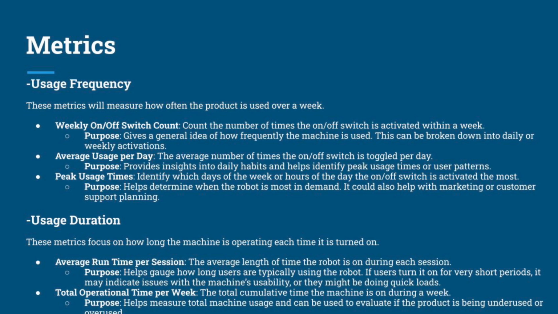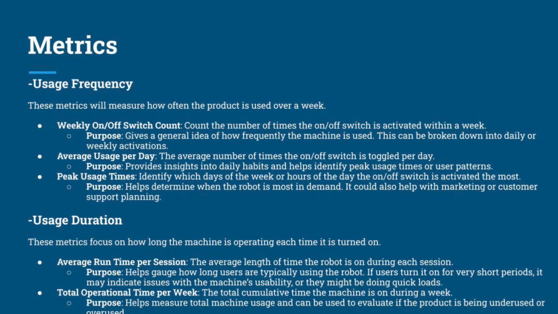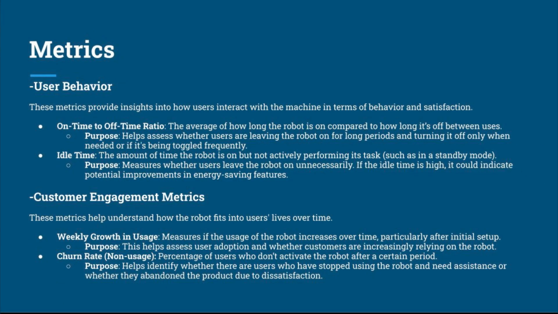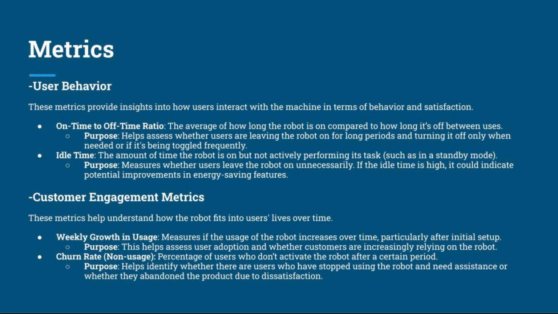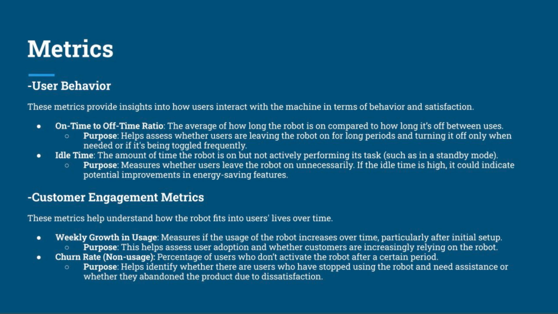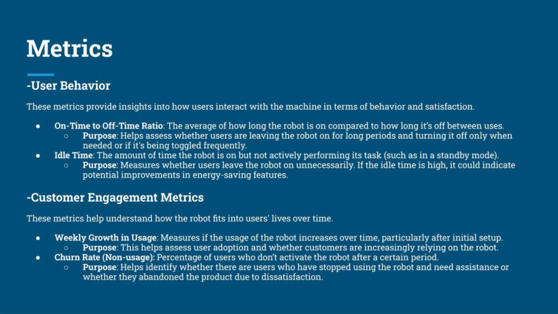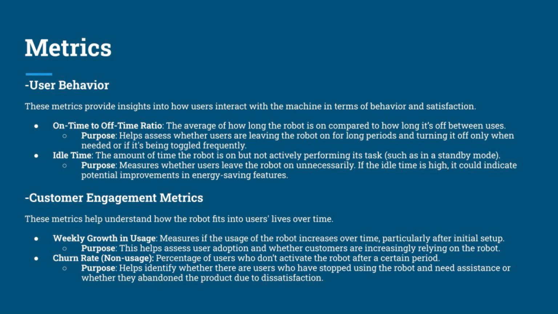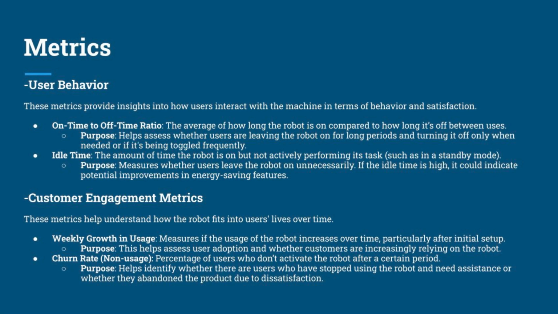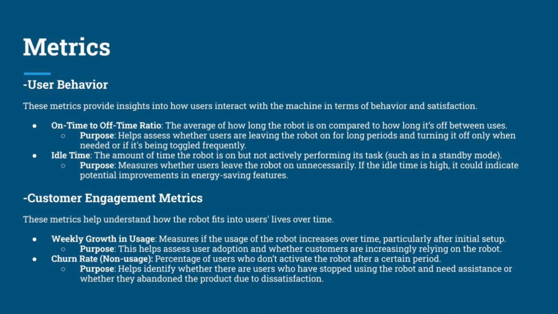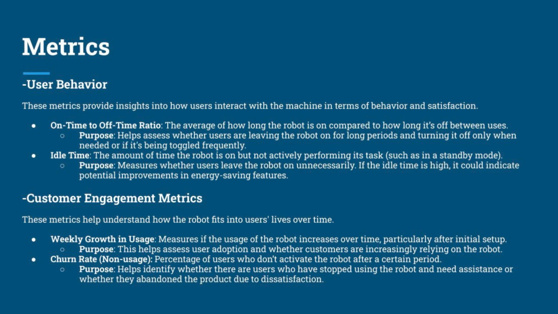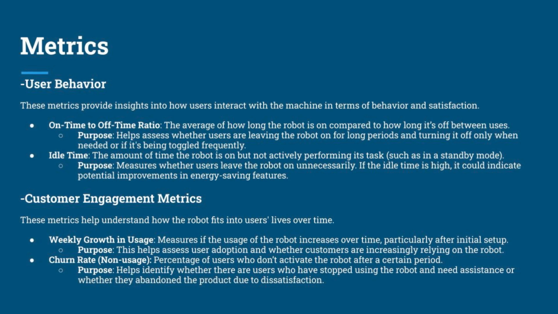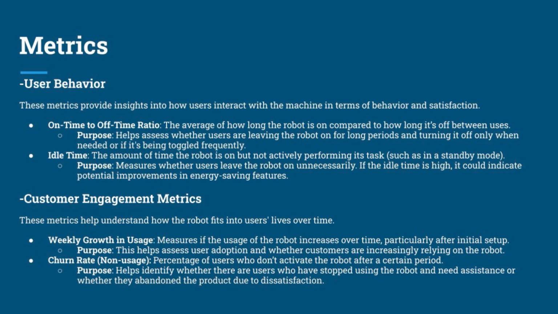We then have the user behavior, which provides insights into how users interact with the machine in terms of behavior and satisfaction. And then lastly, we have the customer engagement metrics, which help us understand how the robot fits into the user's lives over time. Within the titles of these metrics are also elements that help us take into account certain things whenever we are looking into these metrics.